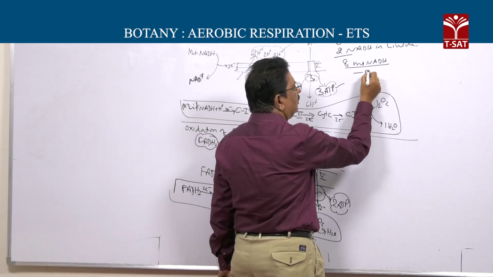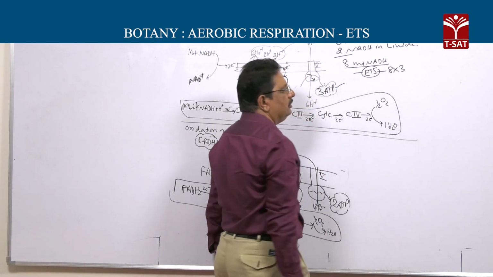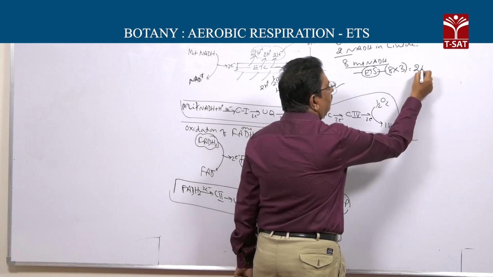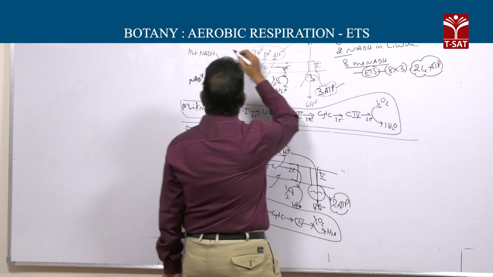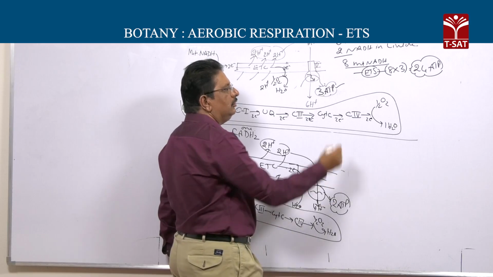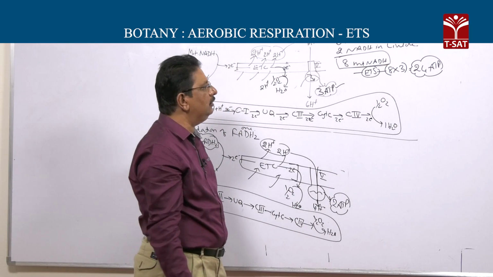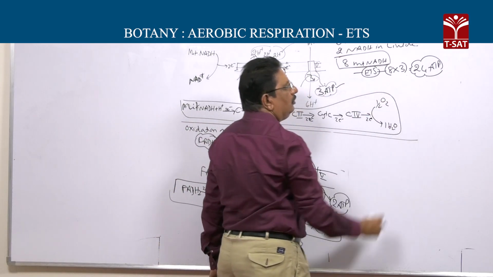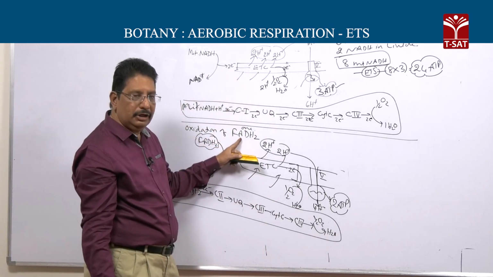Through ETS, these 8 mitochondrial NADHs are oxidized and form 24 ATP. So 1 mitochondrial NADH results in 3 ATP. There are 8 mitochondrial NADHs altogether formed during aerobic respiration of glucose, finally 24 ATP.